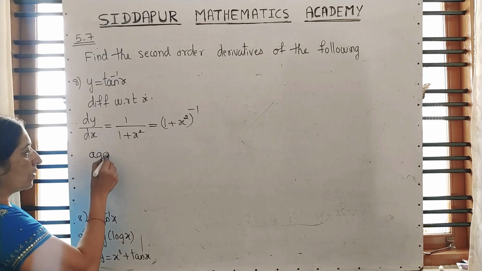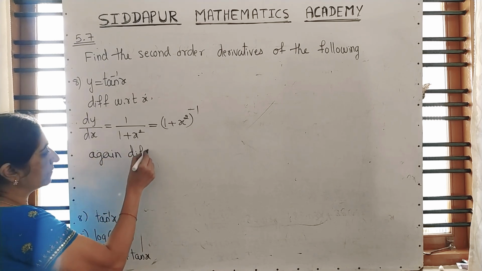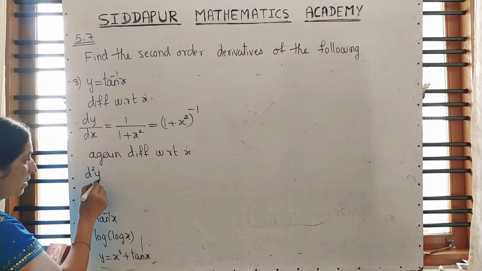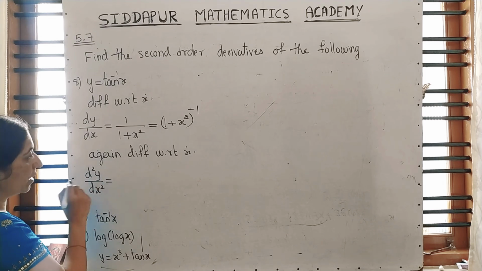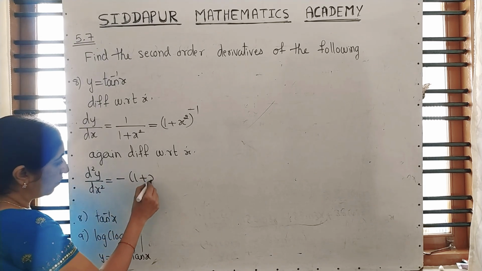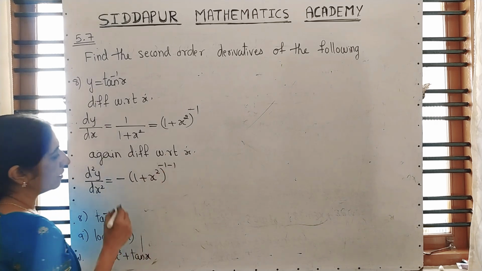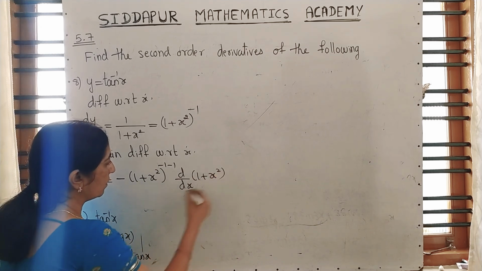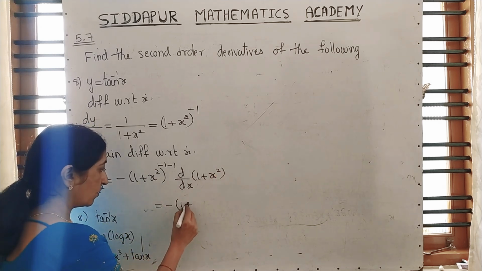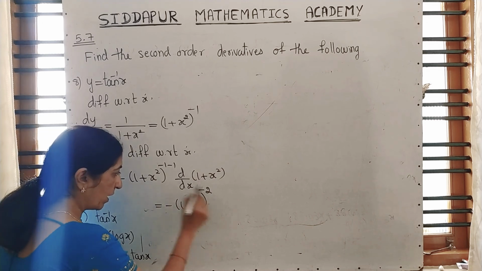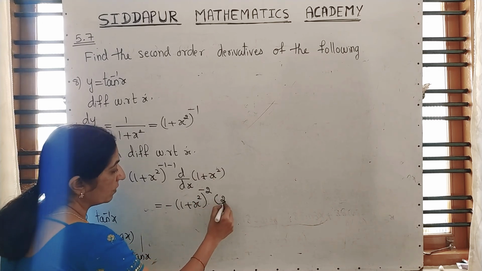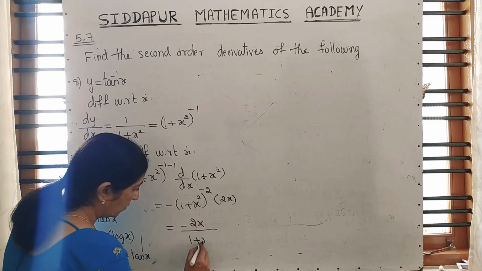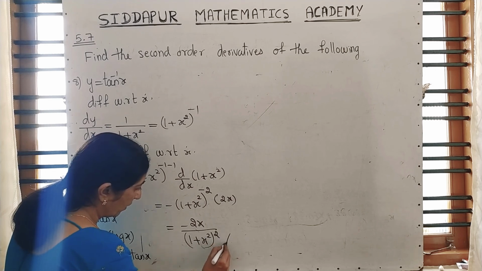Now again differentiating with respect to x. d square y upon dx square is equal to minus 1 plus x square raised to minus 1 into differentiation of 1 plus x square. It is minus 1 plus x square raised to minus 2. Differentiation of 1 plus x square is 2x, so it is minus 2x upon 1 plus x square whole square.